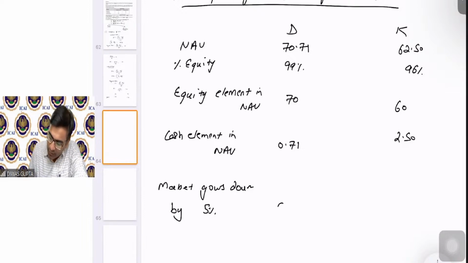So what I'm trying to say is that 5% will have a 1.5 times impact on this, right? Similarly, for K, it will be 5% into 1.10.